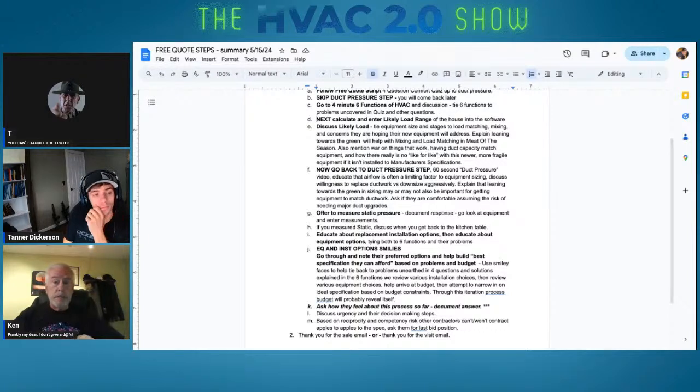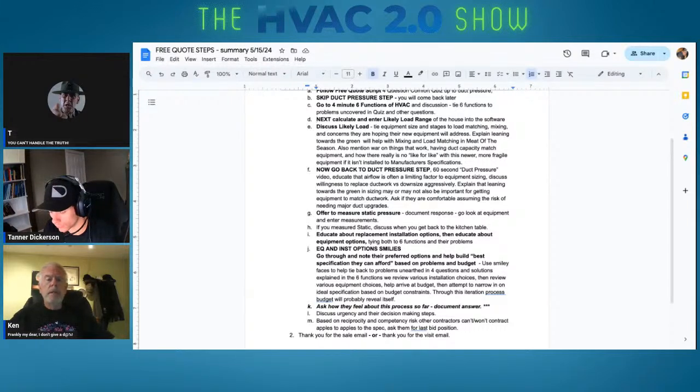First, with the 6 functions of HVAC, we're educating them so they can decide what kind of equipment they want. Then when we go to likely load and duct pressure, we're helping them narrow that down to what size they might need. Those are the most empirical parts of that description.